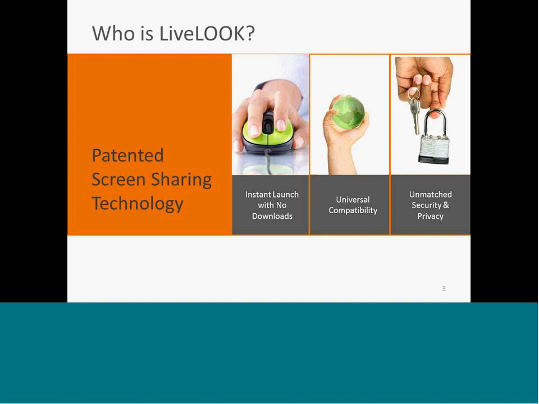But along with that, it needs to be browser agnostic. It doesn't matter what browser they're using, they're going to be able to come to you and not worry about having to download anything, and also not have to worry about whether they have the right browser up, or whether their computer will be accepted when they want to co-browse. And that's important for your agents as well, so they can get to those customers and help them.